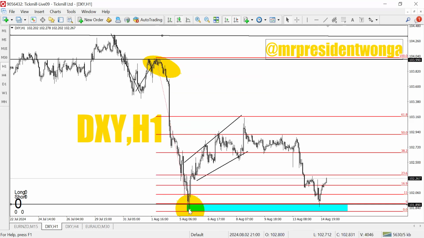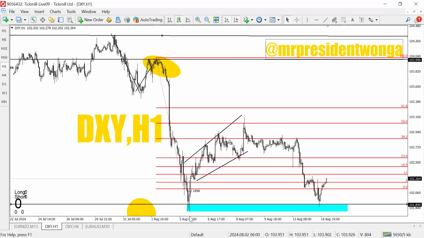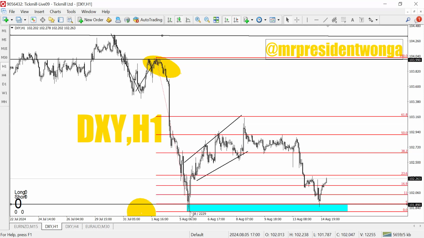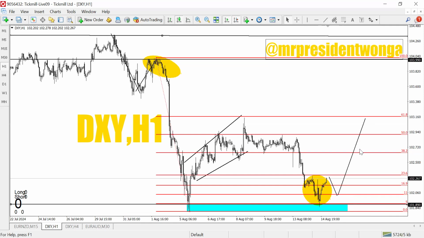We put it there. And you can see the 61.8 level. This is where you're more likely to see patterns like head and shoulders forming.